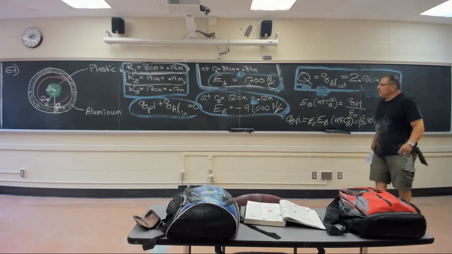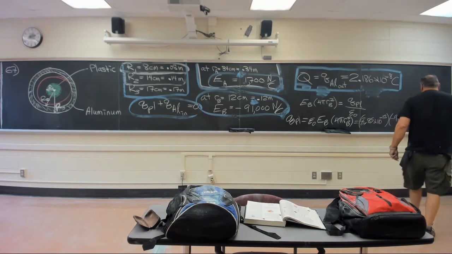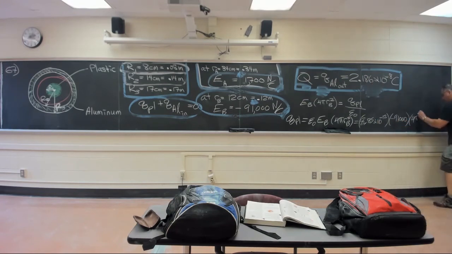R sub B is 0.12. Got to make sure everybody's agreeing. That's a lot. All right, deal with it.